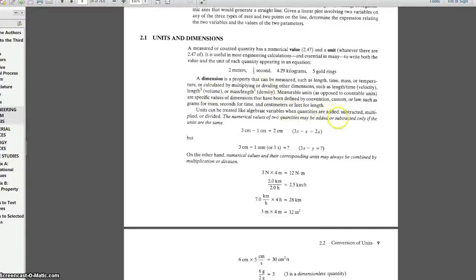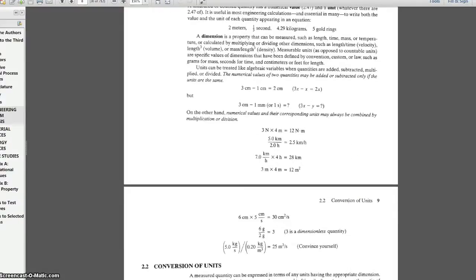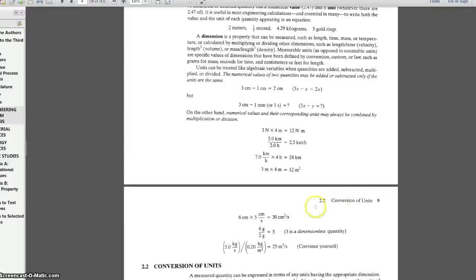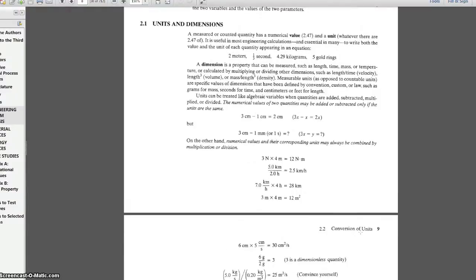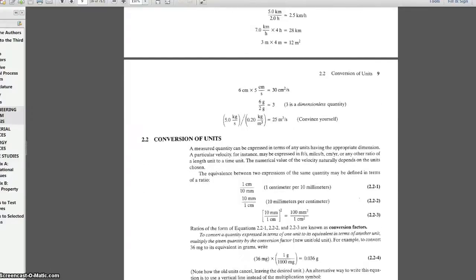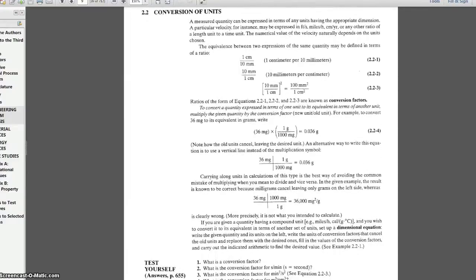So that's the dimension. Another example is mass over mass, which is a dimensionless quantity. I guess that's for units and dimensions, and let's look at conversion of units.